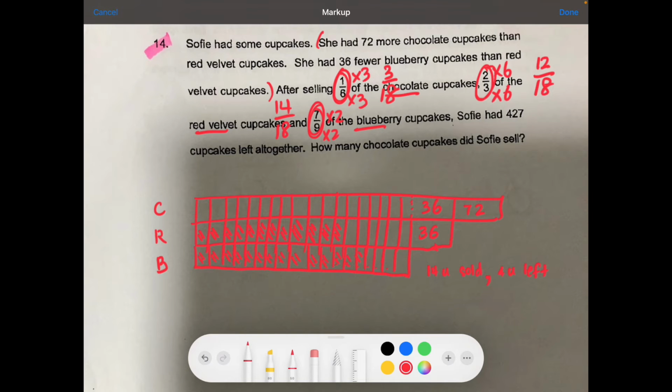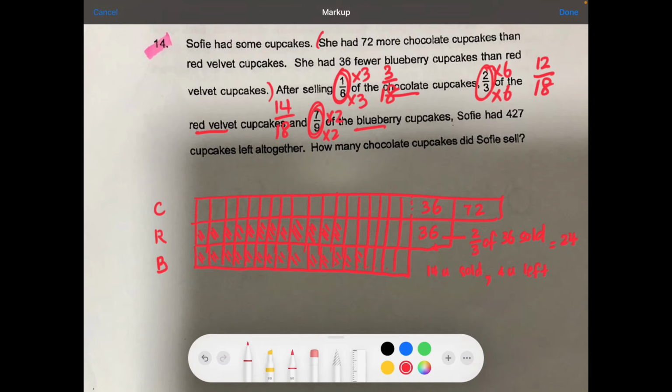Now I have this 12 parts sold. I will also have 2/3 of 36 sold. So what is 2/3 of 36? If you use your calculator, 2/3 times 36, you will get 24.